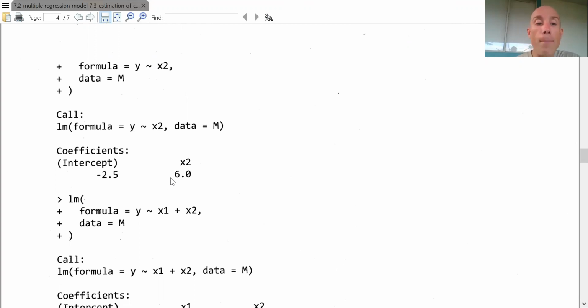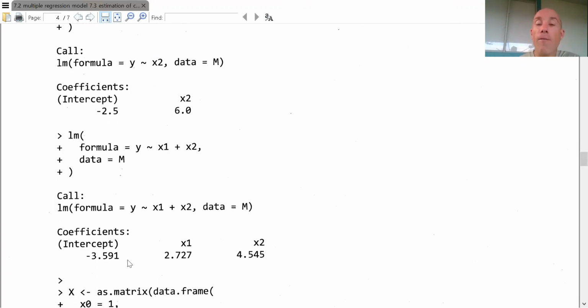Now what's going to happen when I put the 2 of them together? I get numbers that are very different from what I've already seen: about negative 3.6, 2.7, and 4.5. So all 3 of the numbers changed when I put in another variable. Why is that?